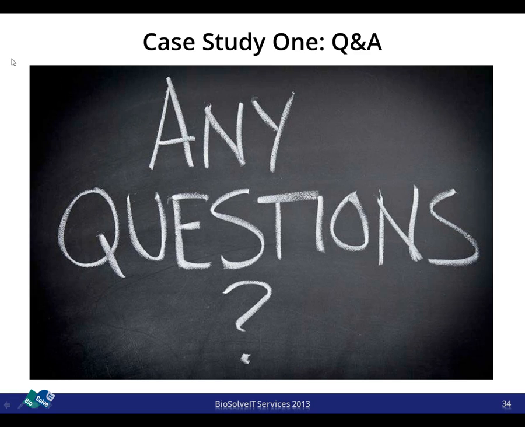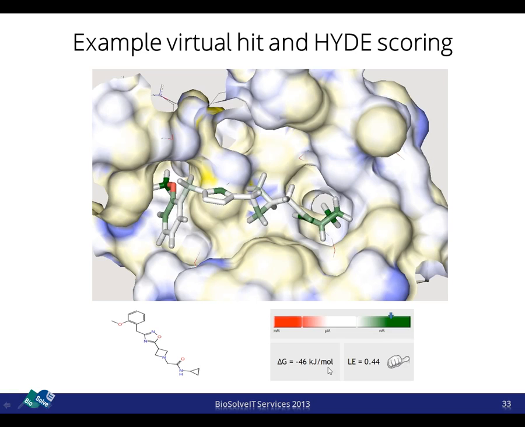What the metric is designed to overcome is the bias for molecules to score better simply as a result of their increased size and lipophilicity. So if I quickly switch back to here, a ligand efficiency of 0.44 is typically on the good side. Anything better than 0.3 is acceptable.